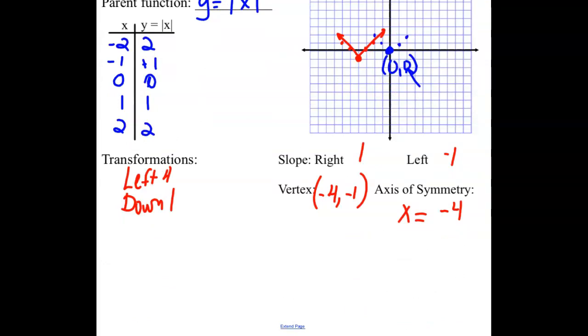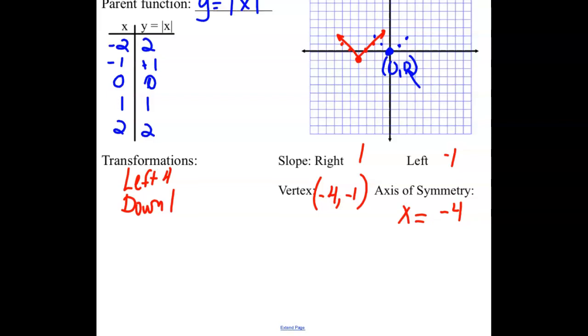Can we identify the slope from the equation? What kind of transformation would change the slope? What would change the slope of that V? A stretch or compression? A vertical stretch or compression. Did we have one in this equation?